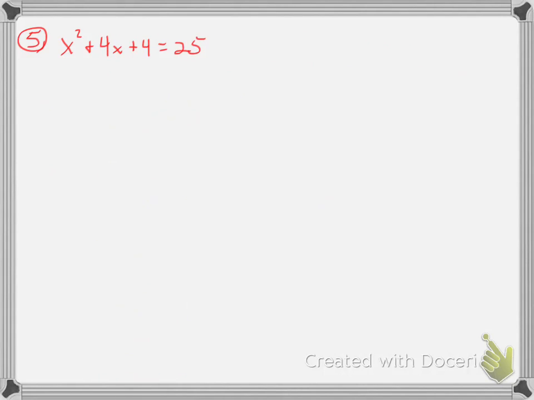Okay, and for this one, notice the left side is a perfect square trinomial. So I'm actually going to title this perfect square trinomial. Because it's a perfect square trinomial, I can factor it into a binomial that's squared.